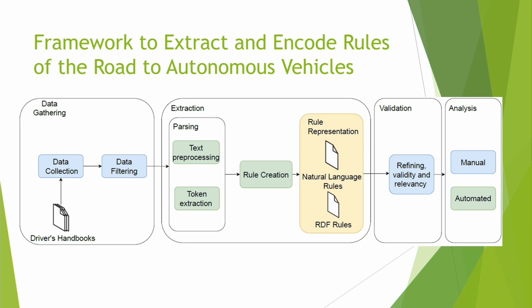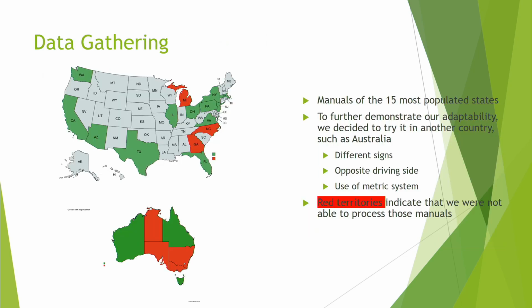In the extraction part, we parse the text, pre-processing it and extracting the tokens to create the rules, which output the rule in both RDF and natural language. And then we do some refinement and validation, trying to make sure that the rules make sense, and some analysis.